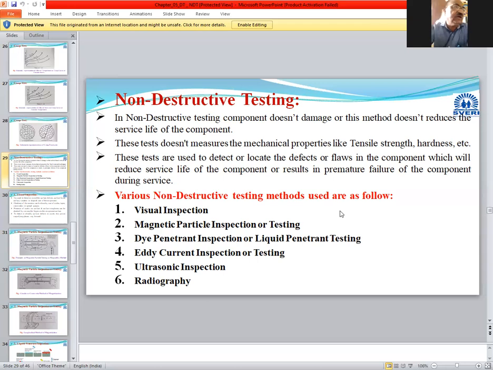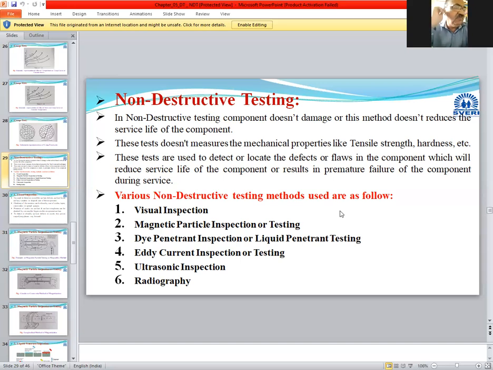Next test, that is creep resistance or creep strength. Creep strength means we put the specimen in the furnace, increase the temperature, and with the help of levers apply the load on the specimen. Once the load goes on increasing, the elongation will take place.